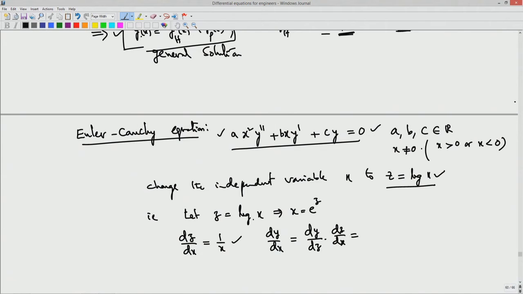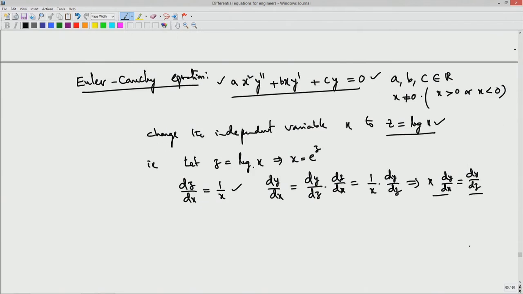I know dz by dx is 1 by x, so this gives me x into dy by dx as dy by dz. I can replace x y dash with simply dy by dz.